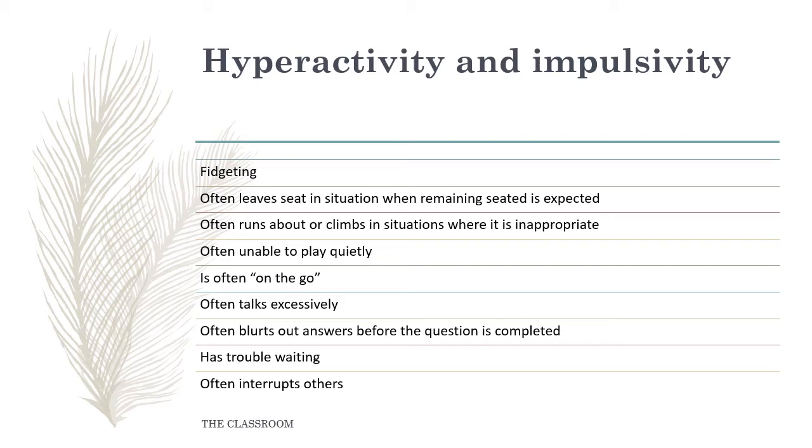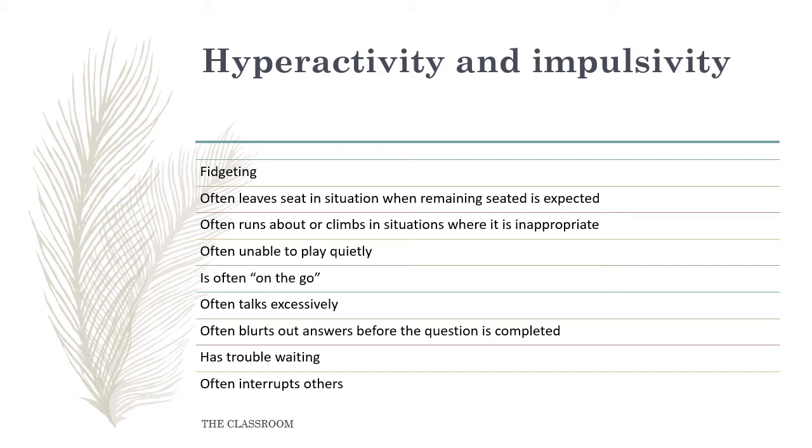As we discussed earlier, there are three major characteristics in ADHD: hyperactivity, impulsivity, and inattentiveness. The symptoms of hyperactivity and impulsivity are, the first one, fidgeting. That means constantly doing something with your hands. These children cannot sit still, they have to keep on doing something.